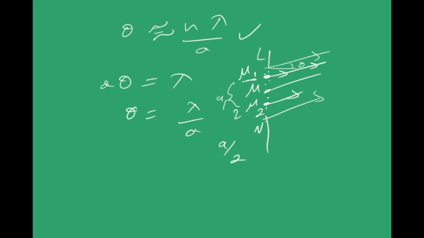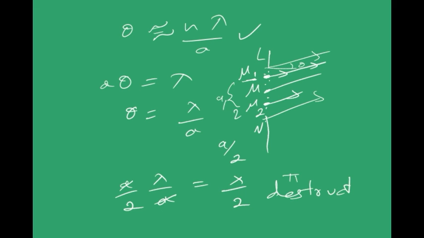so that the path difference of those waves given out by M1 and M2 will be equal to y sine theta, right? Y is what here? A by 2, and theta is what? Theta is lambda by a for this case. So if theta is lambda by a, the path difference between these two will be lambda by 2. This corresponds to a phase angle of pi, right? So this is a destructive interference between those two waves.